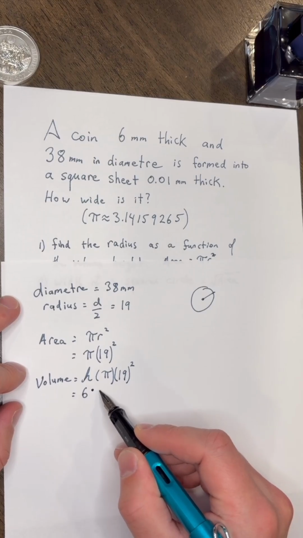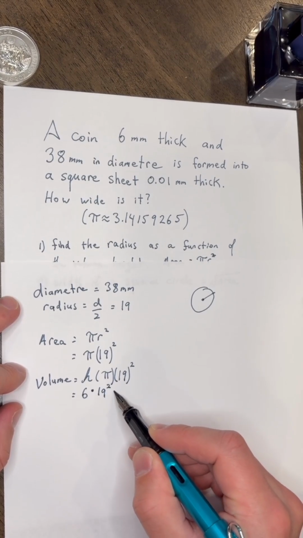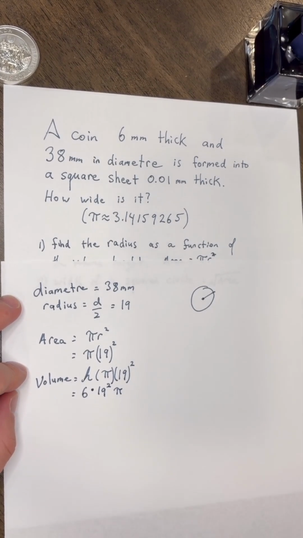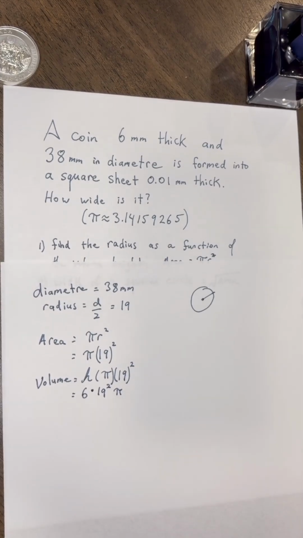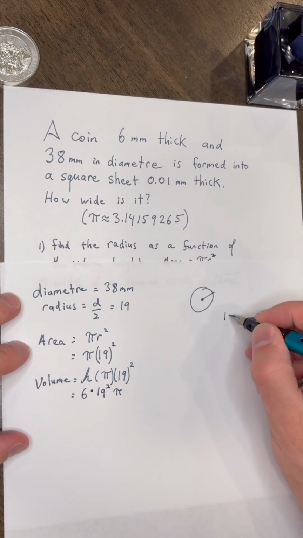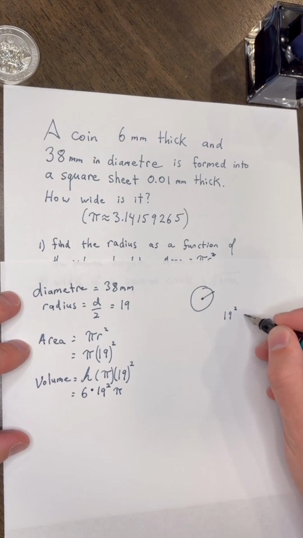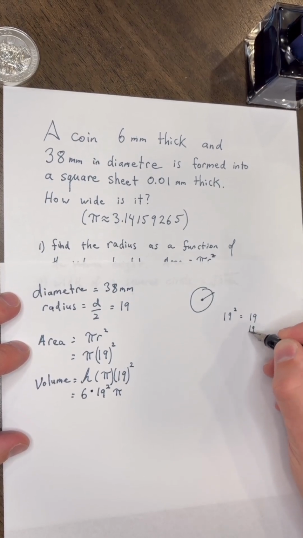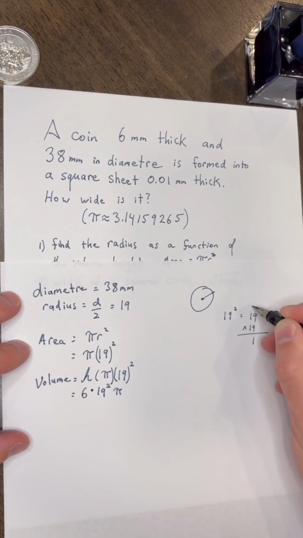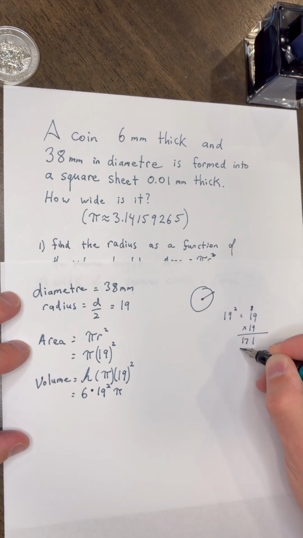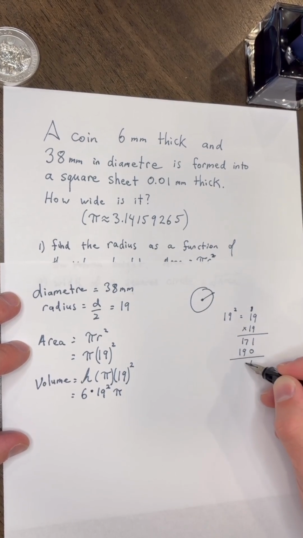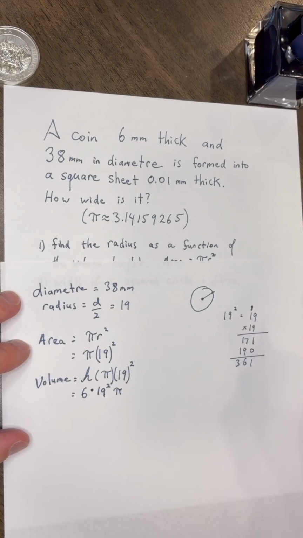Okay, obviously area is pi r squared. So the correct approach here is that we are going to try to find the actual volume of the coin, and then we're going to find what would be the area once we squish that volume to 0.01 millimeters.